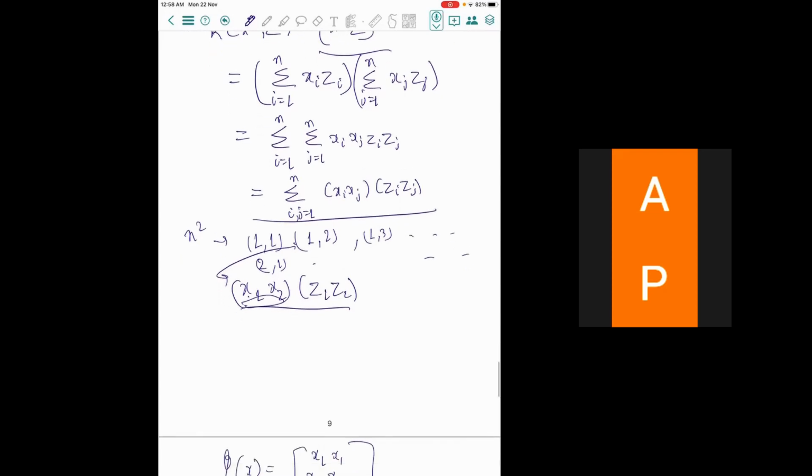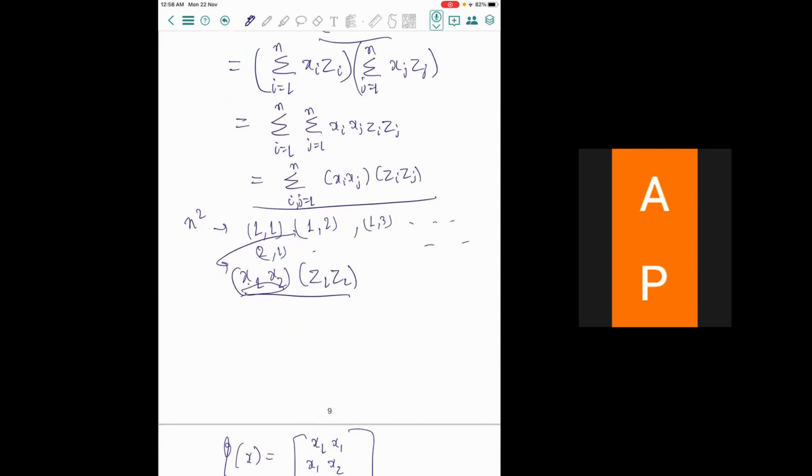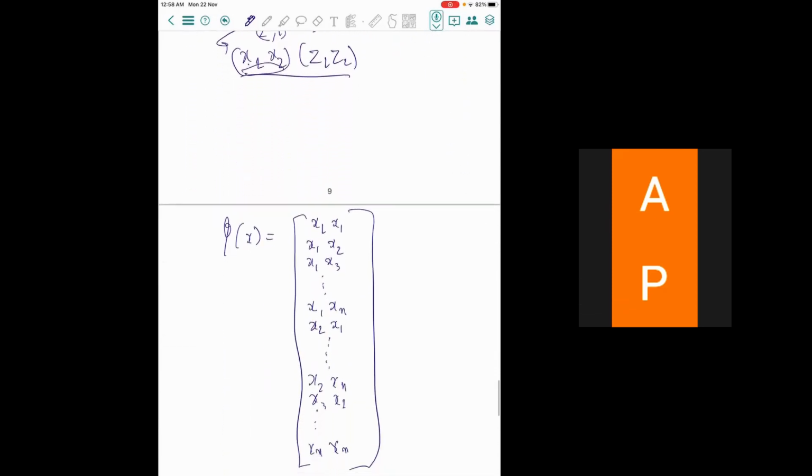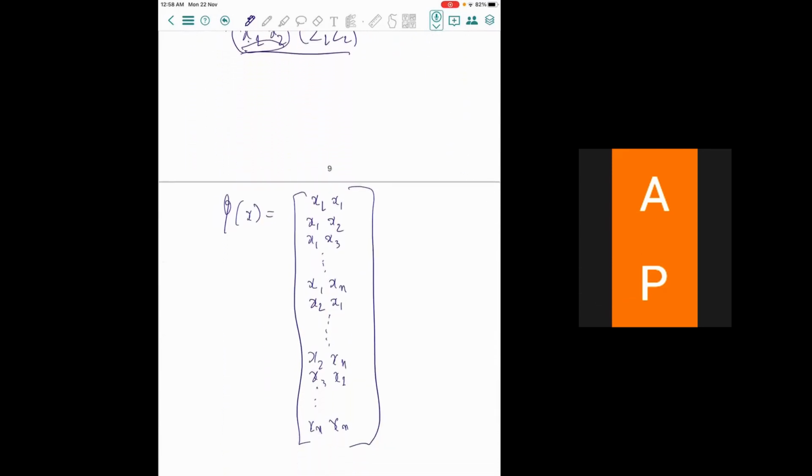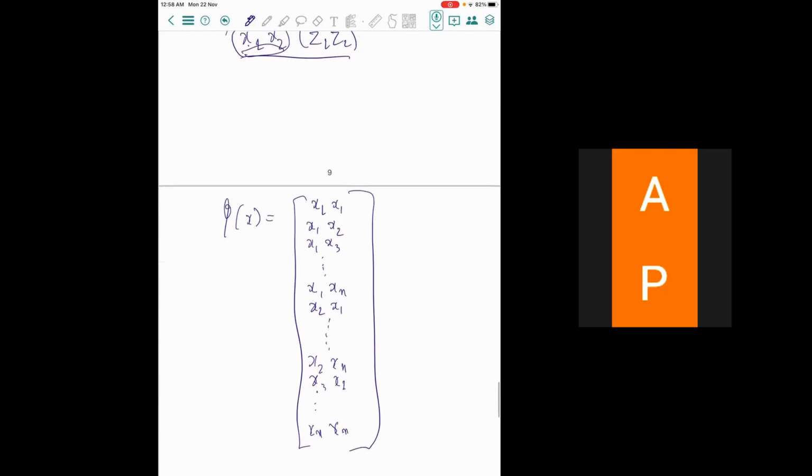So we can argue that this kernel is actually the dot product of these features. What we have is x1 x1, x1 x2, x1 x3, and so on till x1 xn, then from x2 x1 to x2 xn, then x3 x1 to x3 xn, and so on till xn xn. So this is an n squared dimensional feature vector.